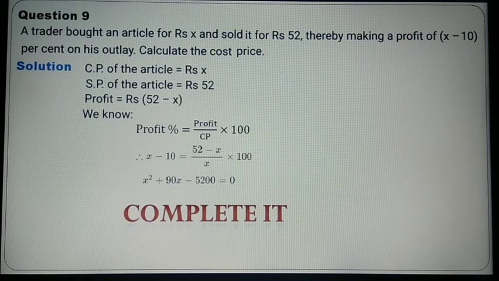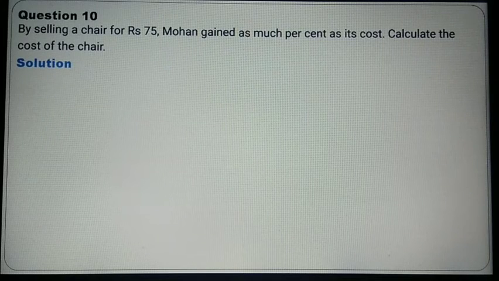So let's go to the last question for the day. By selling a chair for rupees 75, so this is the selling price given here, Mohan gained as much percent as its cost. So this time also there's a gain happening here.